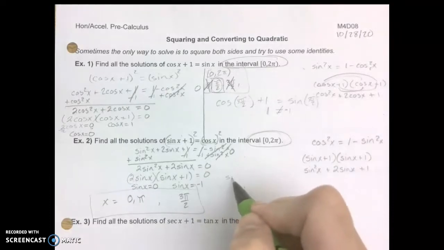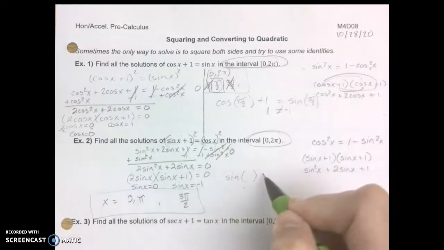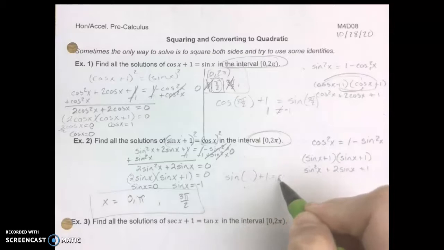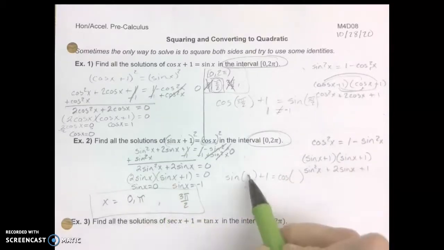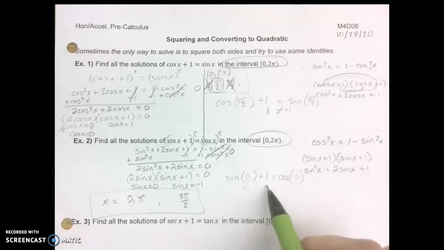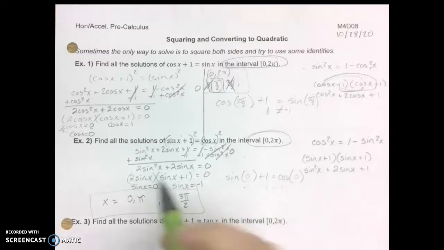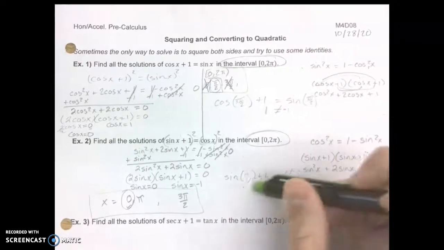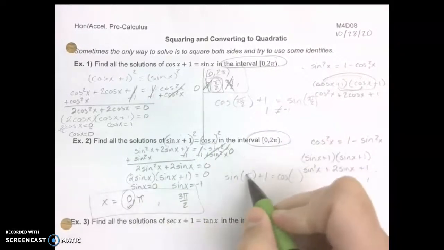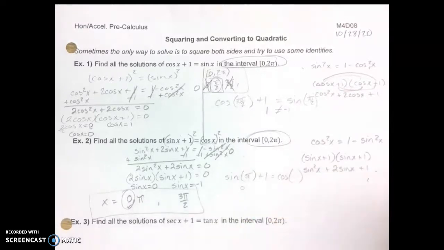Same thing down here. Sine of some angle plus 1 is equal to the cosine of some angle. So I'm going to start with 0. Sine of 0 is going to be 0. 0 plus 1 is 1. Cosine of 0 is 1. So that works. Okay, let's check pi. Sine of pi is 0, right? 0 plus 1 is 1.